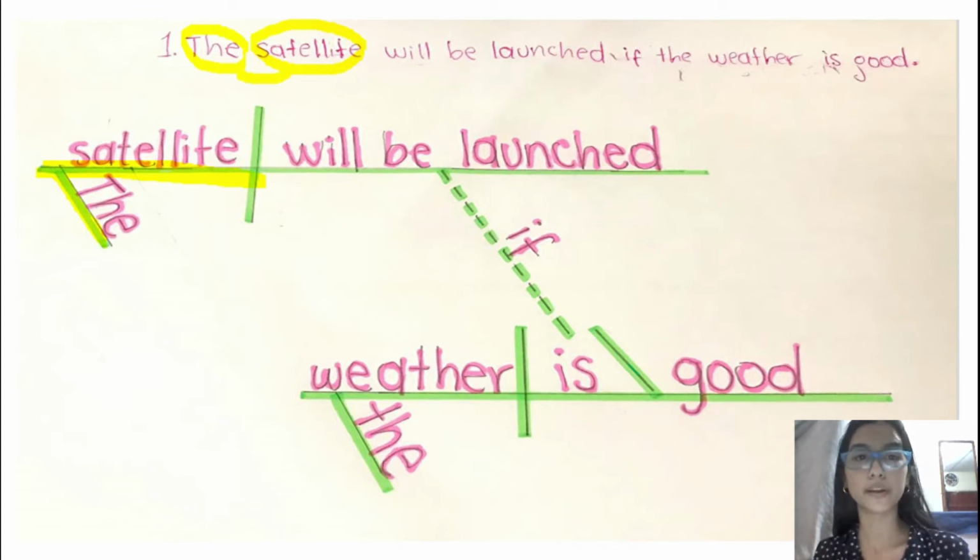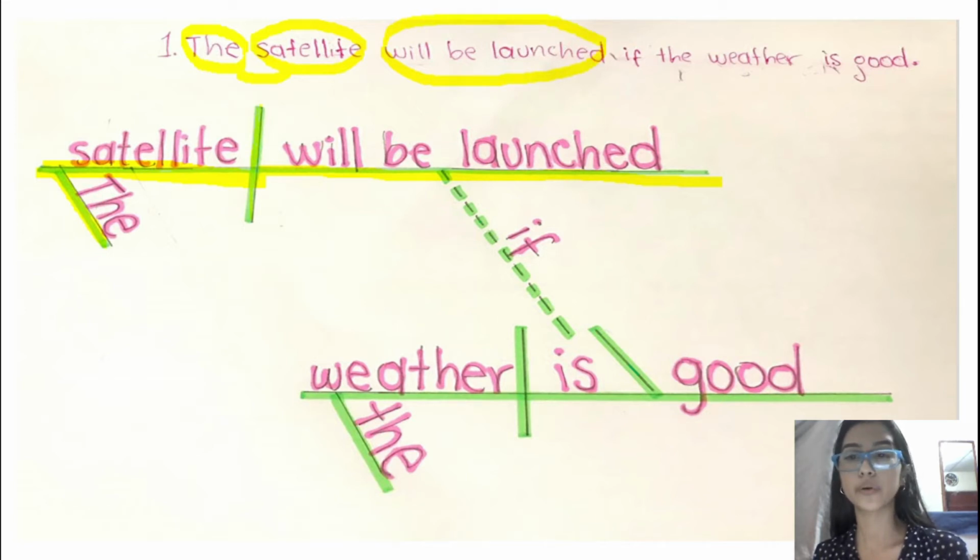To separate the subject from the predicate, we need to write a straight line and continue writing the horizontal line to write the predicate. Here the predicate is will be launched. And we are going to write it here next to the straight line.